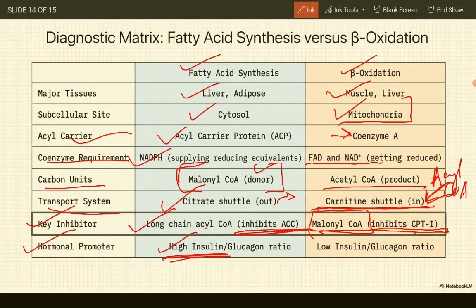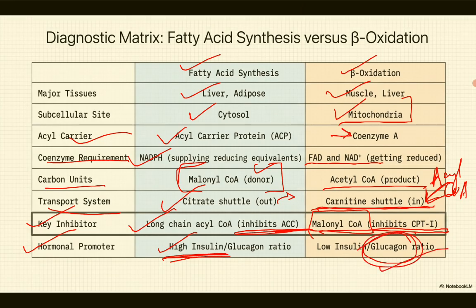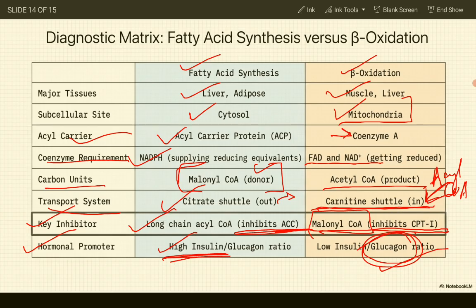The hormonal promoter is glucagon. Glucagon will increase beta oxidation.